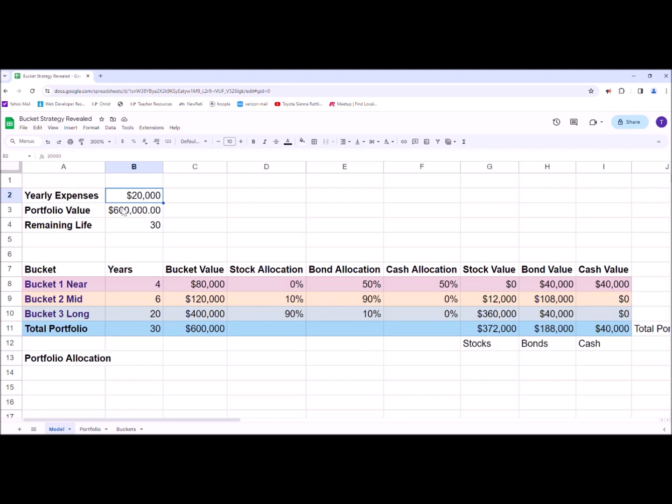The total portfolio value that this person has is $600,000. And the duration that the money will be pulled is 30 years. I call it remaining life because in planning retirement, we all have to decide when we're going to die, so we know how much time we will incur costs.